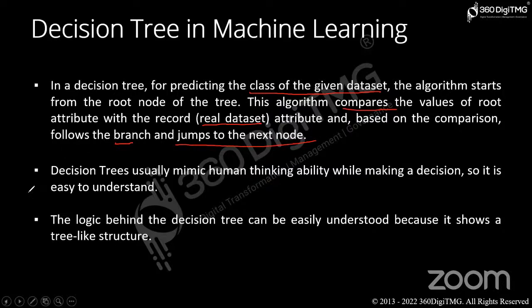When we deal with the decision tree, it usually mimics the human thinking capability while making a decision, so it is easy to understand. The logic behind a decision tree can be easily understood because it shows a tree-like structure.